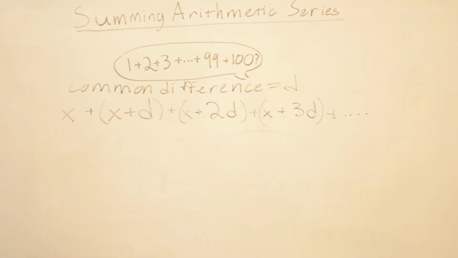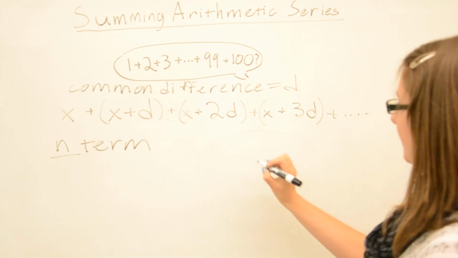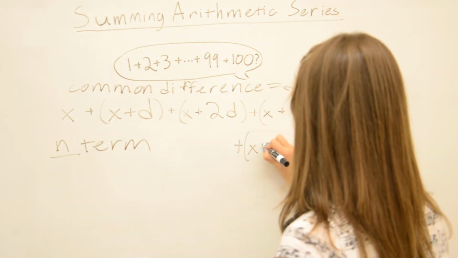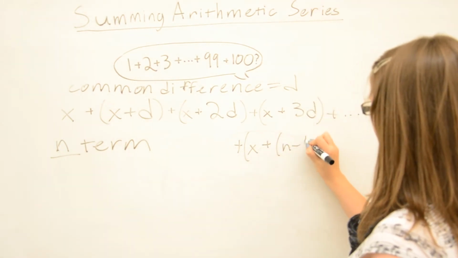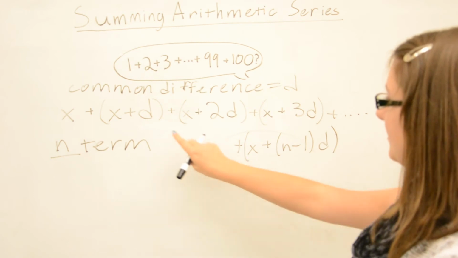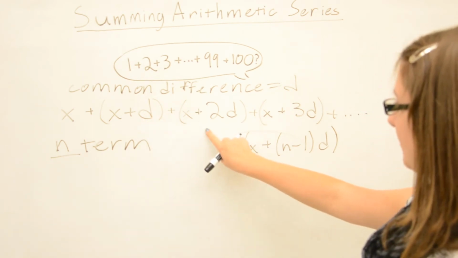So let's just say we're going to have n terms in this series. But since we only add d starting on the second term, that means that the last term in this series will be x plus n minus 1 times d. Because in the second term, there's only one d, and in the third term, there's 2 d's.